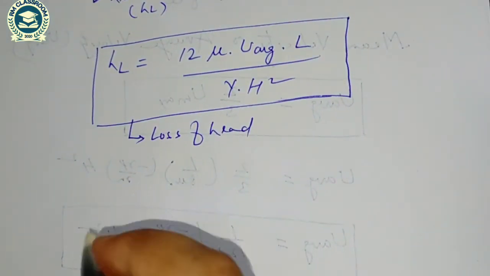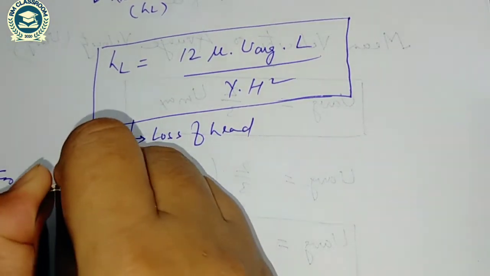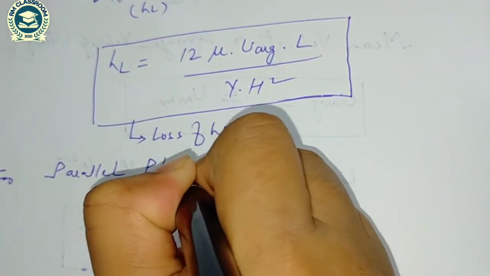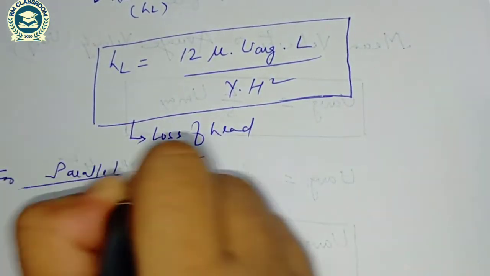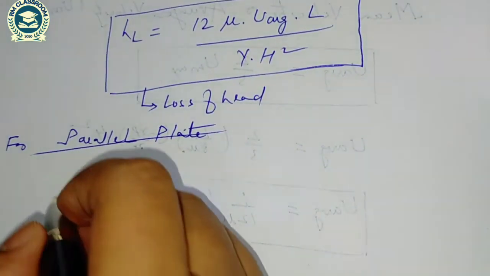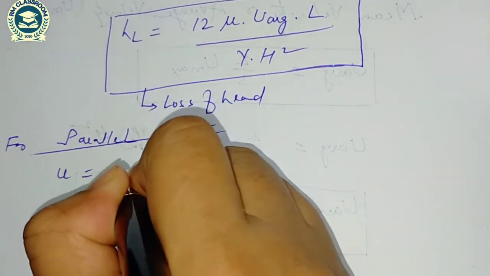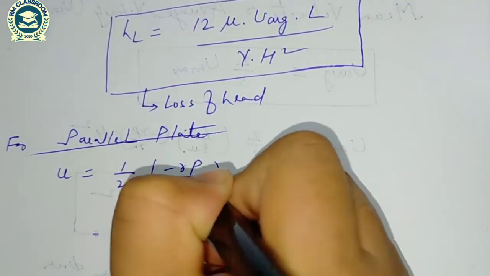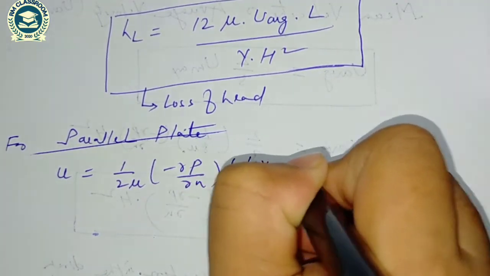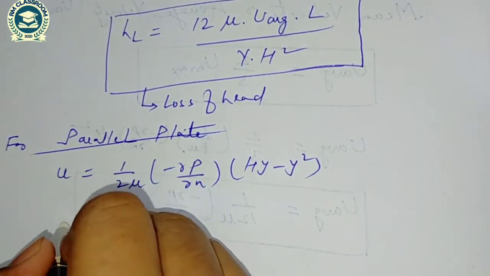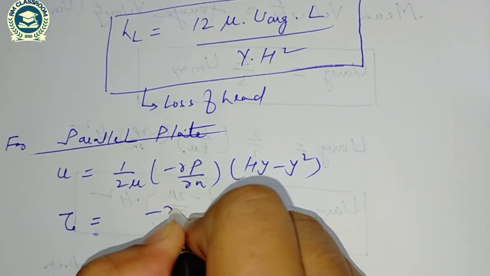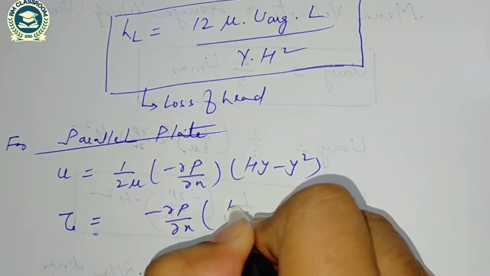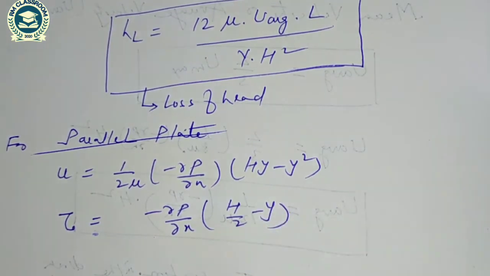So briefly, for parallel plates, the generalized velocity expression is 1 by 2 mu into minus del p by del x into hy minus y square. Similarly, the expression of shear stress is minus del p by del x into h by 2 minus y.